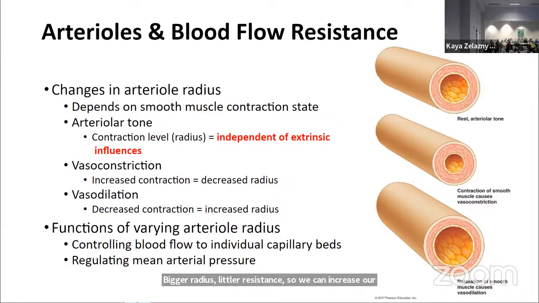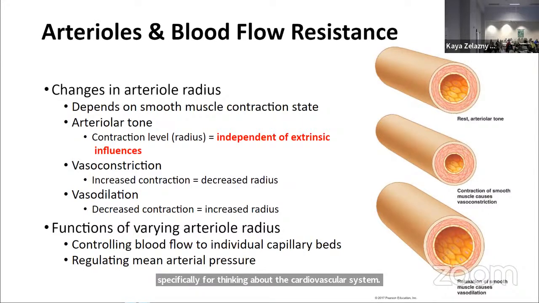The reason we want to do this: our arterioles are going out to all our different organ systems, carrying blood from the arteries. So we want to be able to control how much blood flow is going to our different organ systems. More specifically, if we're thinking about the cardiovascular system, those organ systems have within them capillary beds.